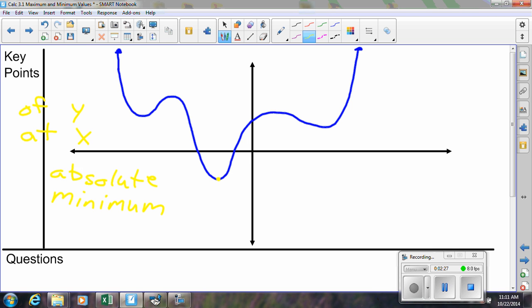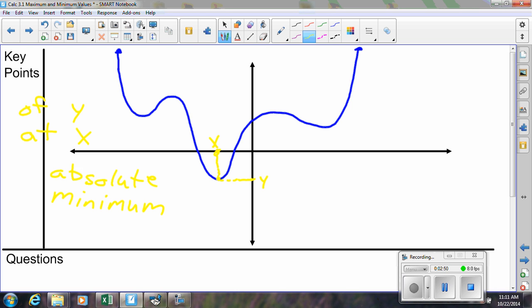When we start looking at some of our problems, you'll notice this point would have an x value and a y value. We would say the absolute minimum occurs at the x value, but the absolute minimum is the y value.